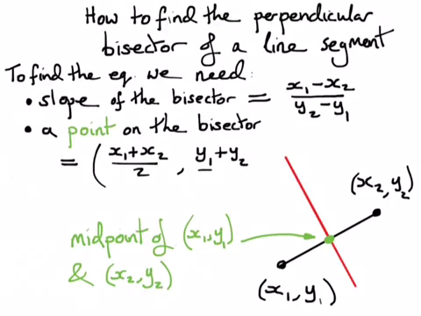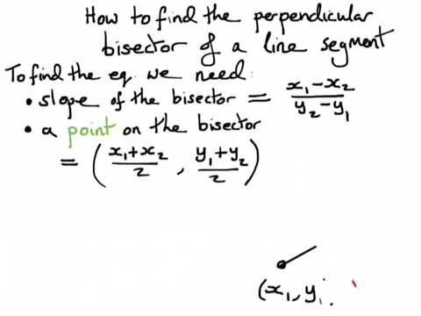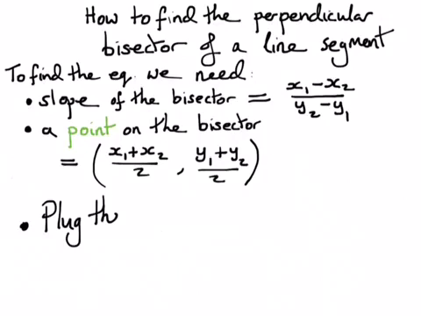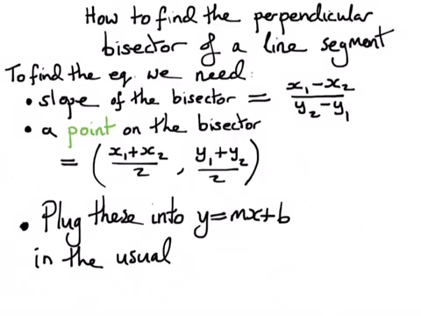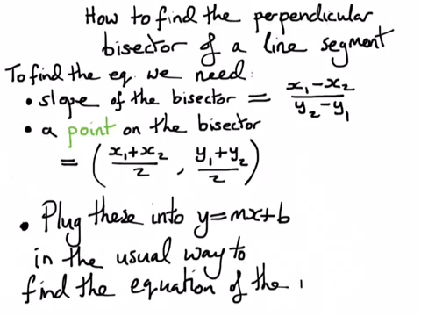We did this in previous classes, so it's just the average x value is the x coordinate and the average of the y values is the y coordinate. So now we know the slope, we have a point, so we just plug these things into y equals mx plus b, and in the usual way we can find the equation of the line. And then we're done.